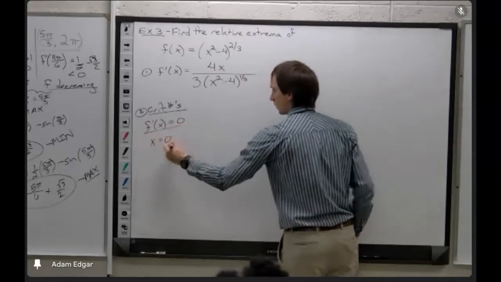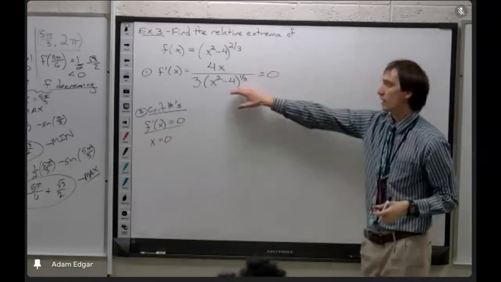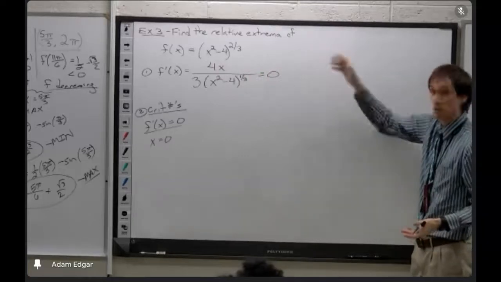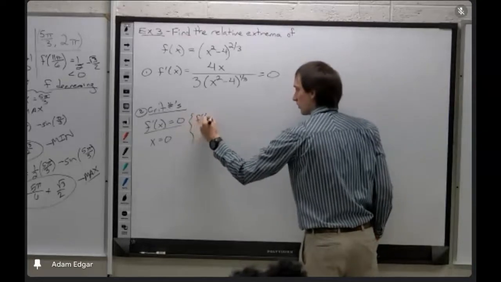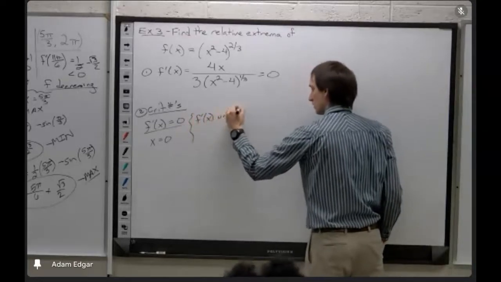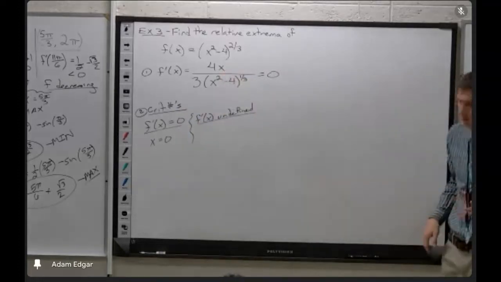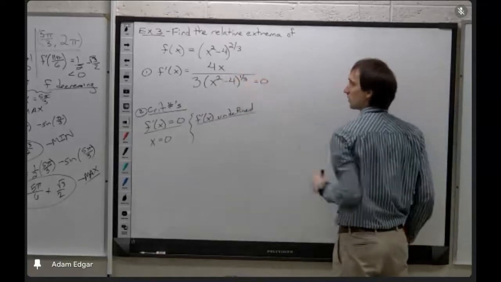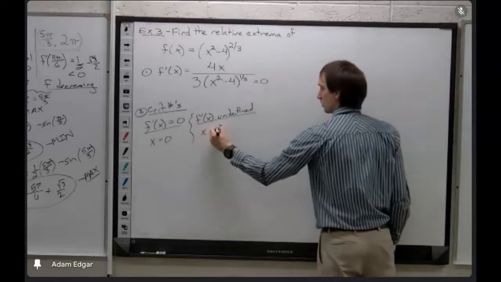You set this thing equal to 0, multiply the denominator over, 0 kills it, and you're left with 4x equals 0. For your derivative being undefined, what has to happen? Yeah, the denominator is 0. And that's going to happen for what x values? Positive or negative 2.